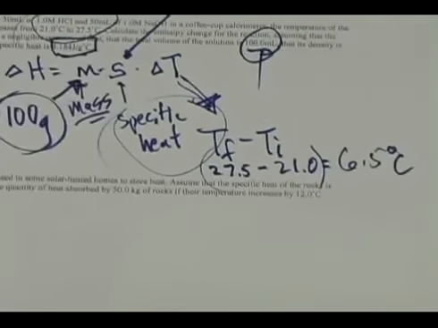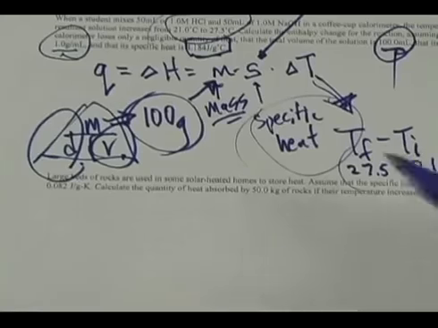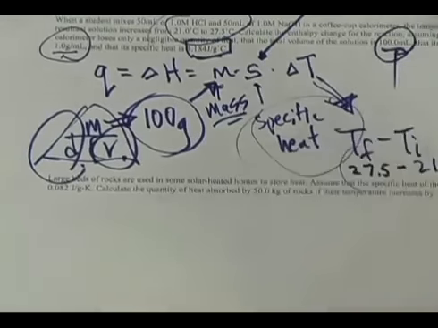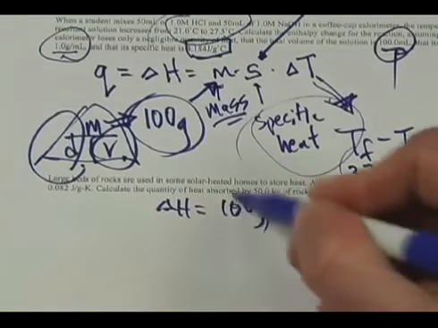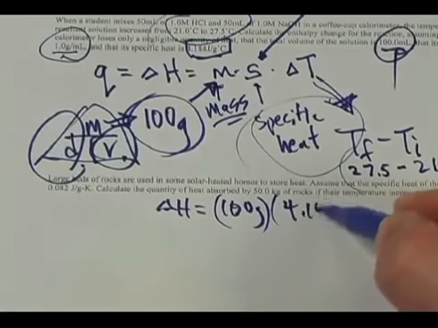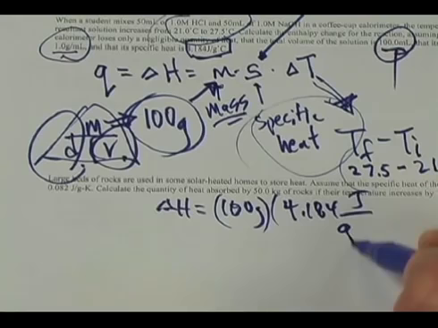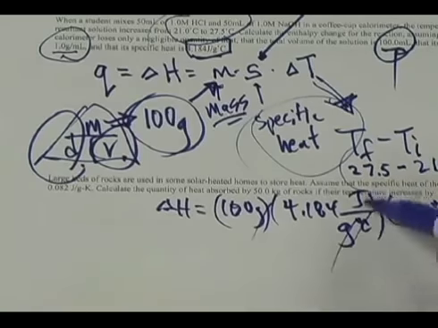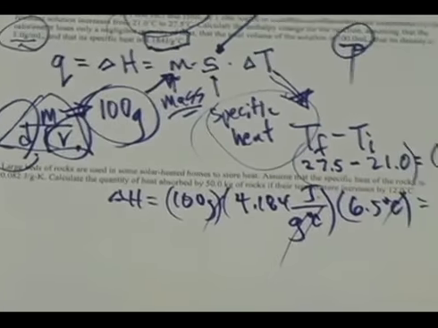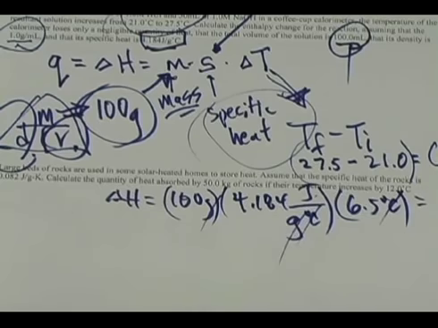So plugging these into our equation now, H, or enthalpy, is equal to mass, 100 grams, times our specific heat, 4.184 joules per gram degrees Celsius, and our change in temperature is 6.5 degrees C. Notice the degrees C cancel, the grams cancel with the grams, and we end up with joules. And so 100 times 4.184 times 6.5.